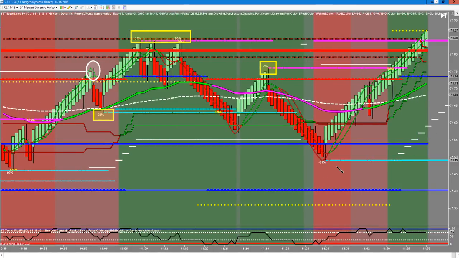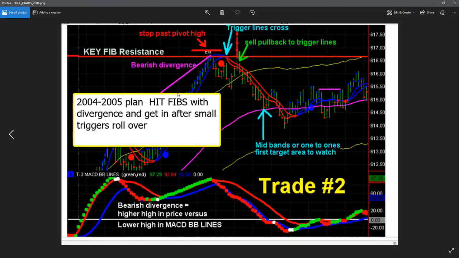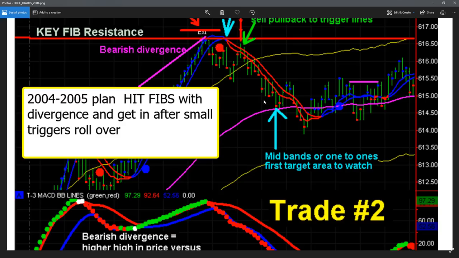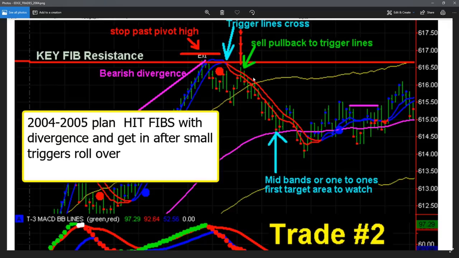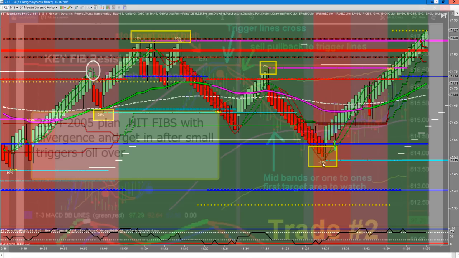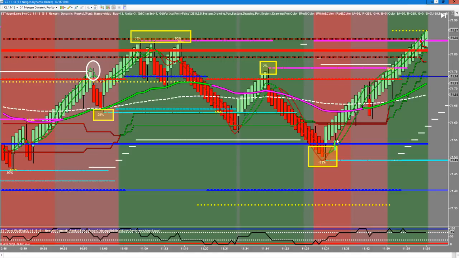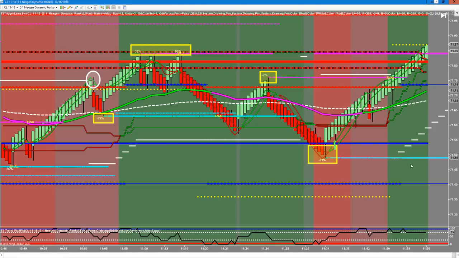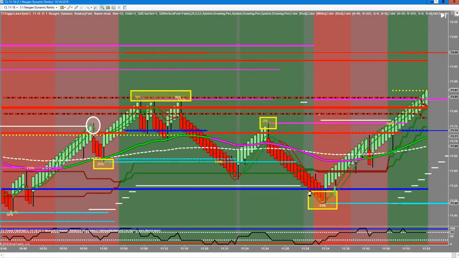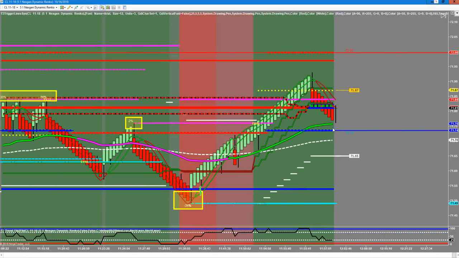Isn't that our trade from 2004, 2005? Divergence at fibs and the trigger lines roll. I mean, you've seen this for 14 years straight. So you should be able to see divergence at fibs and the trigger lines rolling. Hopefully you see it. I see it. I see it in my dreams at night. Now, we broke through and all of our trigger lines are up. Guess what, guys? We're now live.